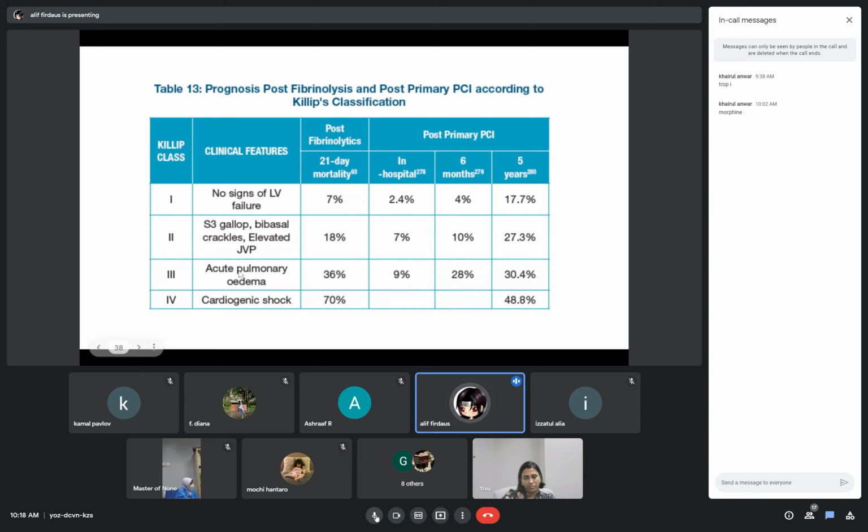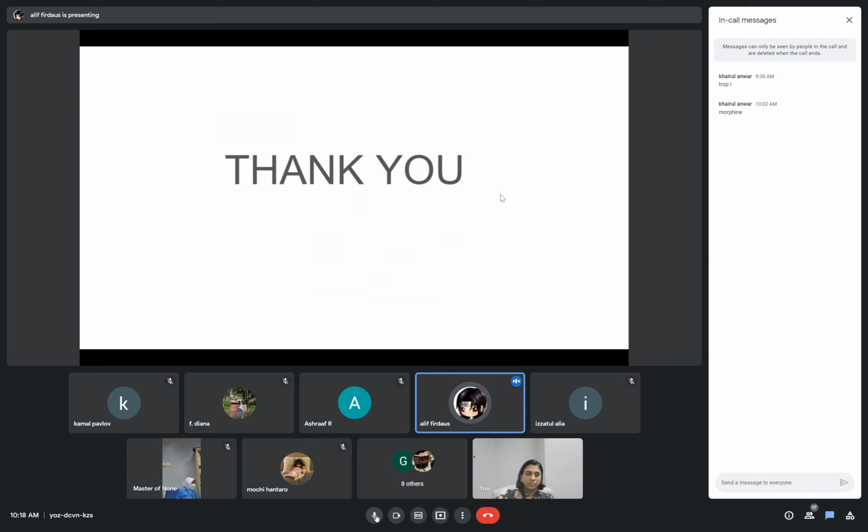Then Killip class 3, the patient has acute pulmonary edema. Around 21 days, the patient has 36% mortality rate. And lastly, if the patient has cardiogenic shock, within 21 days, 70% is the mortality rate. Only around 30% can survive beyond 21 days if the patient has cardiogenic shock.